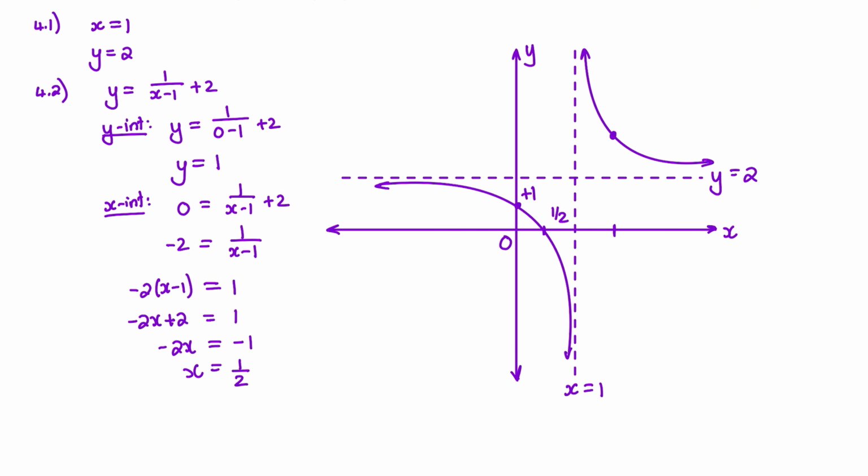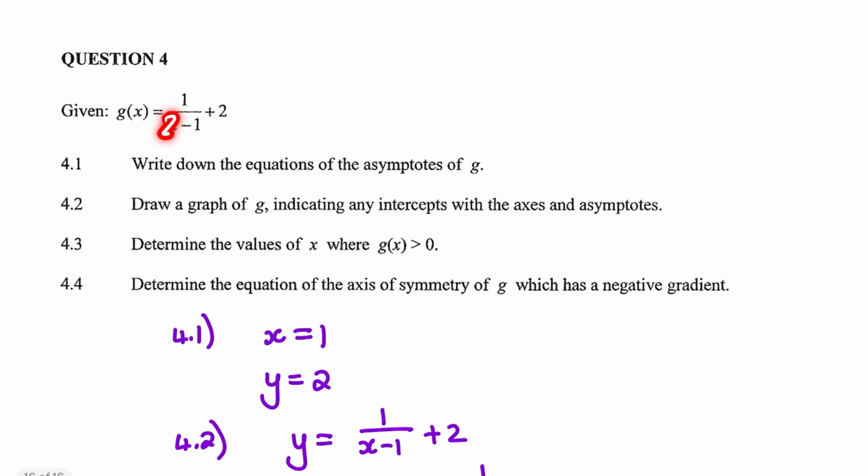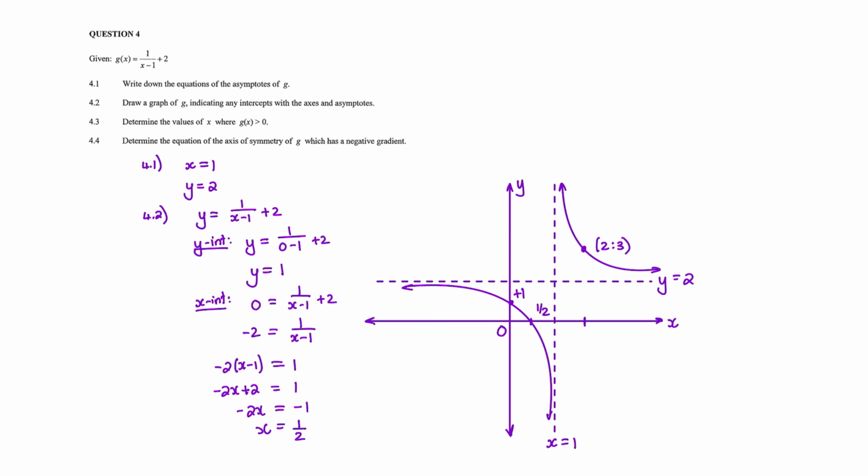So put x equals 2 in your equation to find a reference point. So when x is equal to 2, y would be equal to 3. All that I'm doing is replacing this x with a 2 to get our y coordinate. So notice at 4.2, I have the y-intercept, the x-intercept, the asymptotes, and the curves in their right position with one reference point.